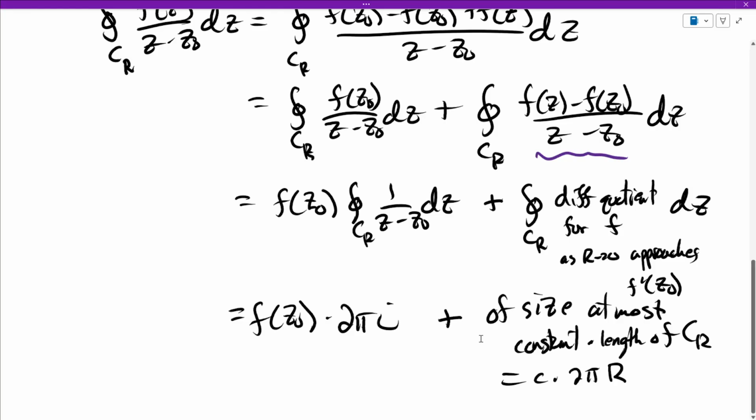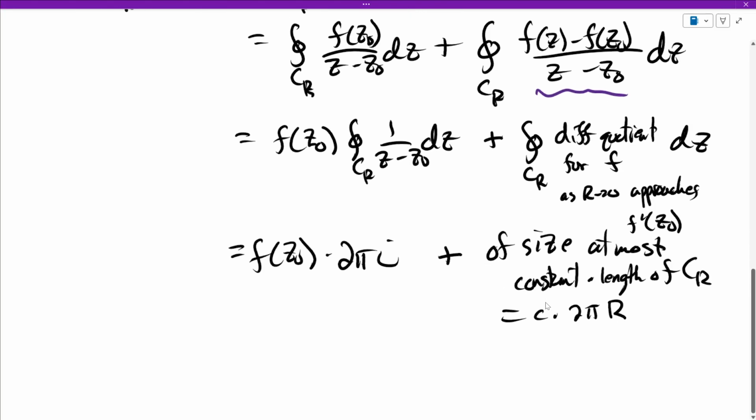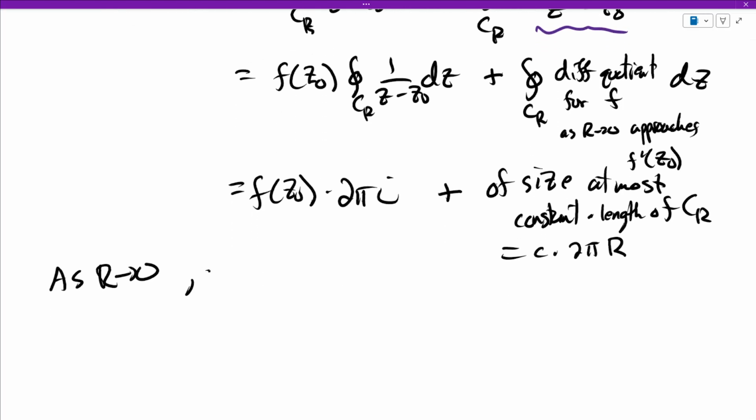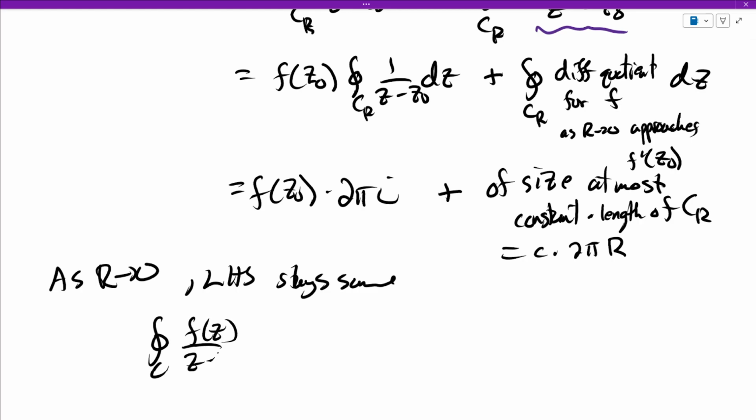Okay, so I told you this was going to be a sketch. I'm being very sketchy here. Now, as r goes to 0, the value of the contour integral is not going to change. It's constant. So the left-hand side stays the same: the integral over C of f of z over z minus z naught dz.